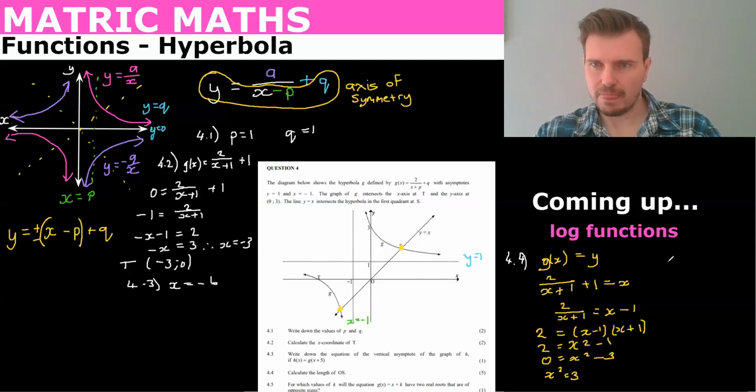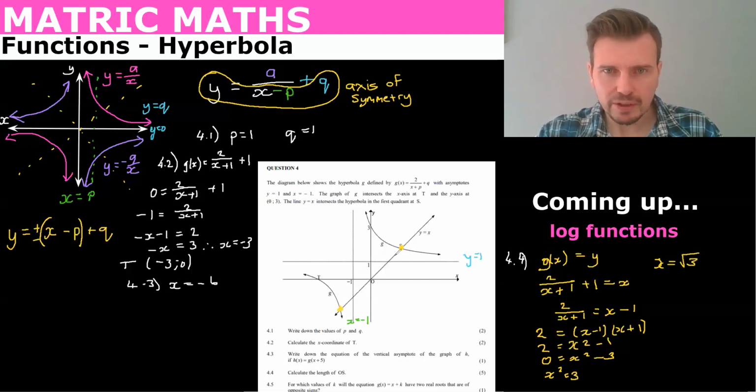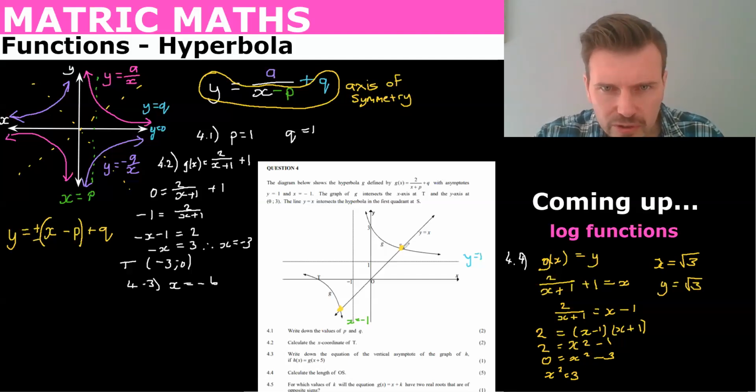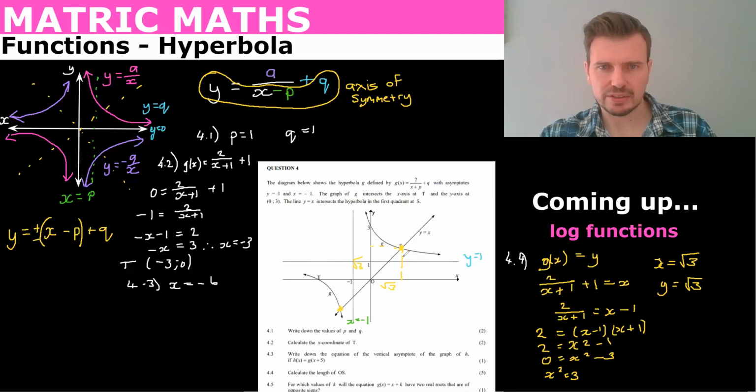Therefore x is equal to the square root of 3. We know that y is equal to x, so y is also equal to the square root of 3. If I do a little triangle here, this is root 3, this is root 3, and so this line is root 3 squared, which is just 3.